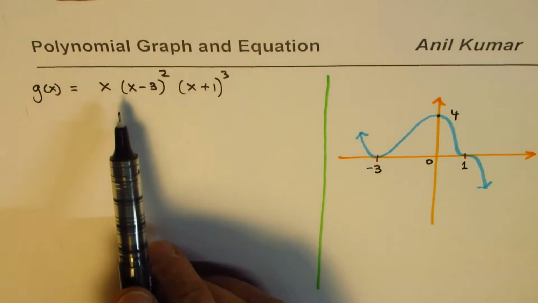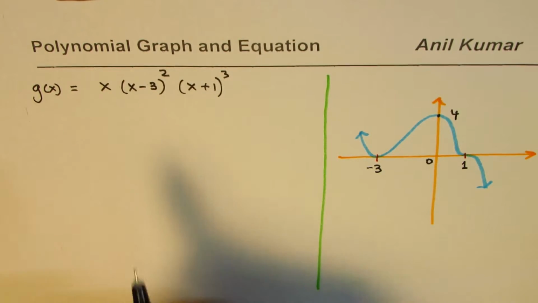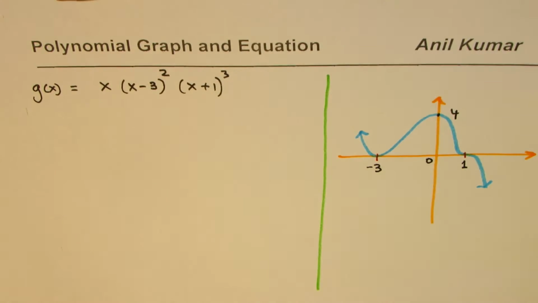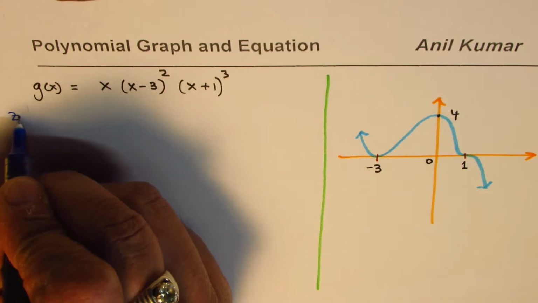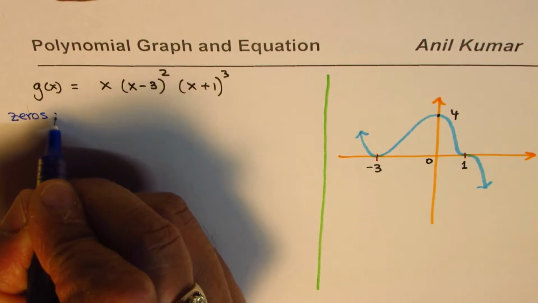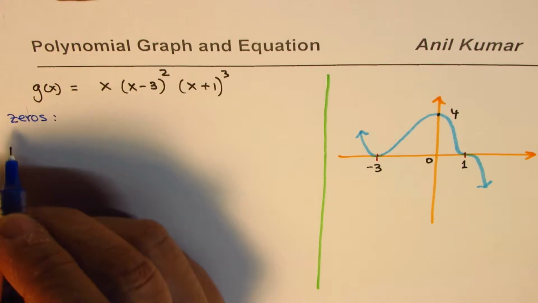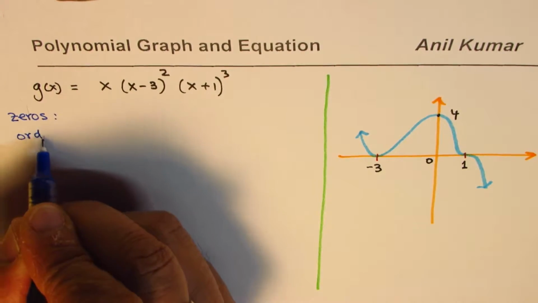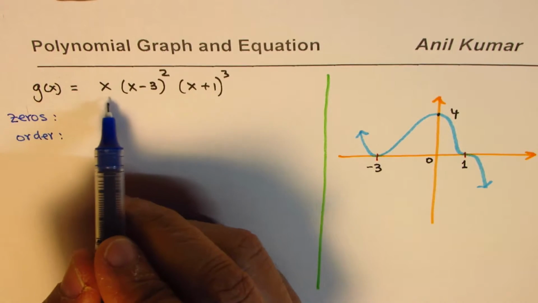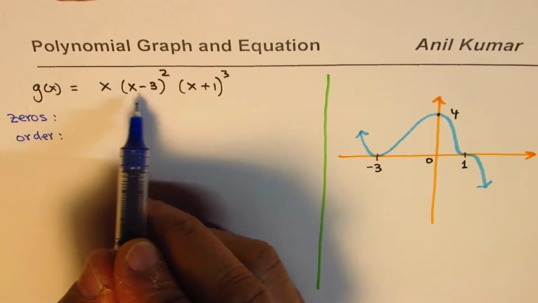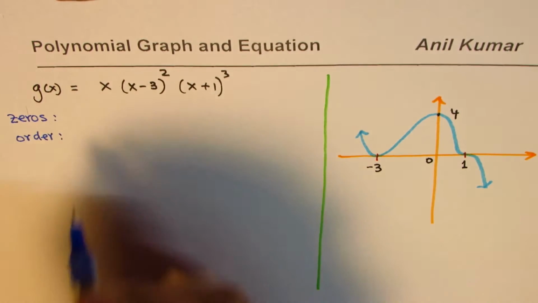To sketch the graph, we need to understand a few things. First is, of course, we want to find what the zeros are. And then we need to find their multiplicity or order. That tells you the behavior of the graph at the x-intercept.